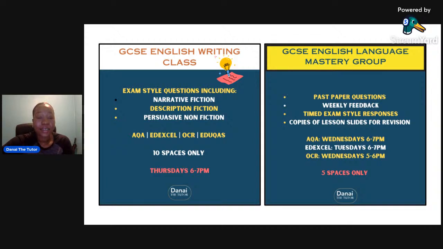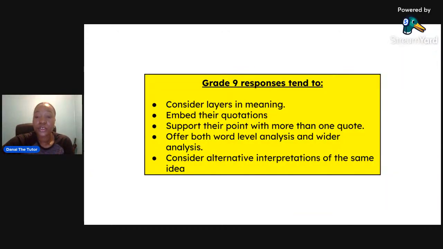Today it's not exam board specific, it is looking at the skill of language analysis as a whole. I have put it into bullet points in terms of what grade 9 responses tend to do. Grade 9 responses tend to consider layers in meaning. They embed their quotations.